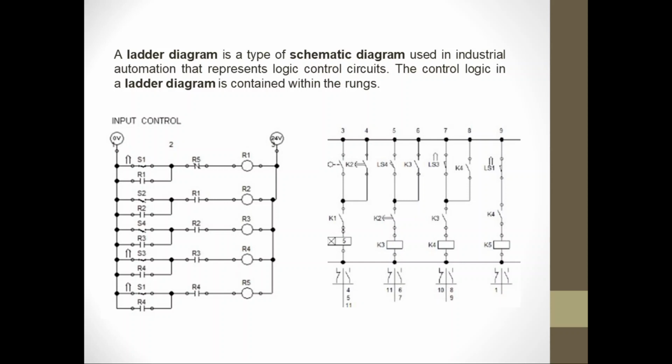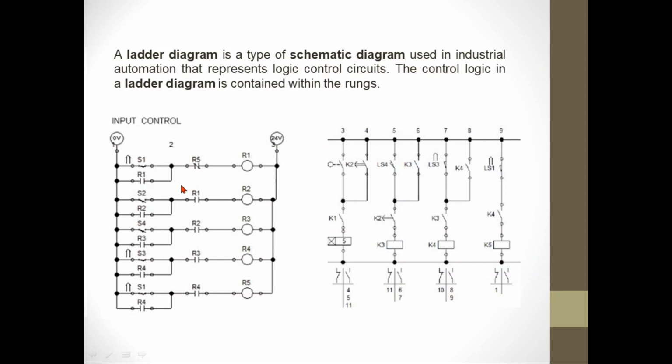There are two types of ladder diagram. As you can see, one ladder diagram goes from upward to downward, and the second type goes from left to right.